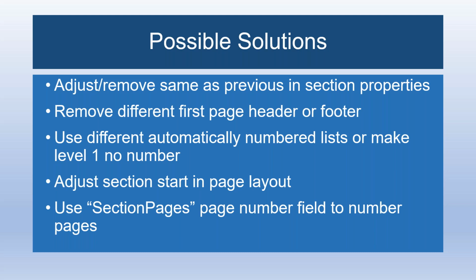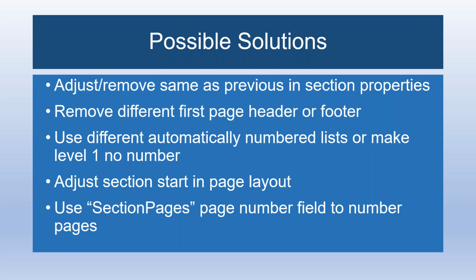By default, when you insert a section break in Word, it makes the header and footer same as previous. And my go-to solution for that is to always remove the same as previous and have every section have its own header and footer, regardless of whether they are the same or not.